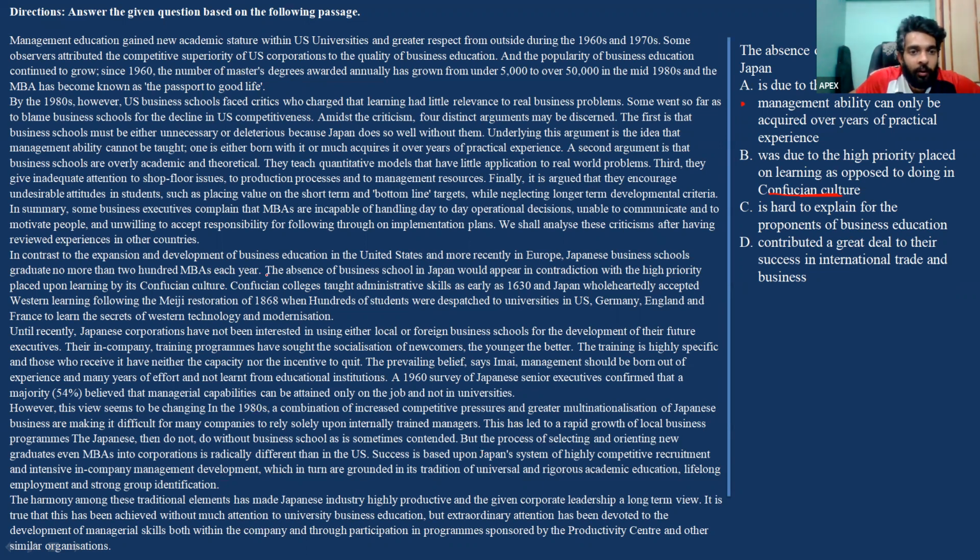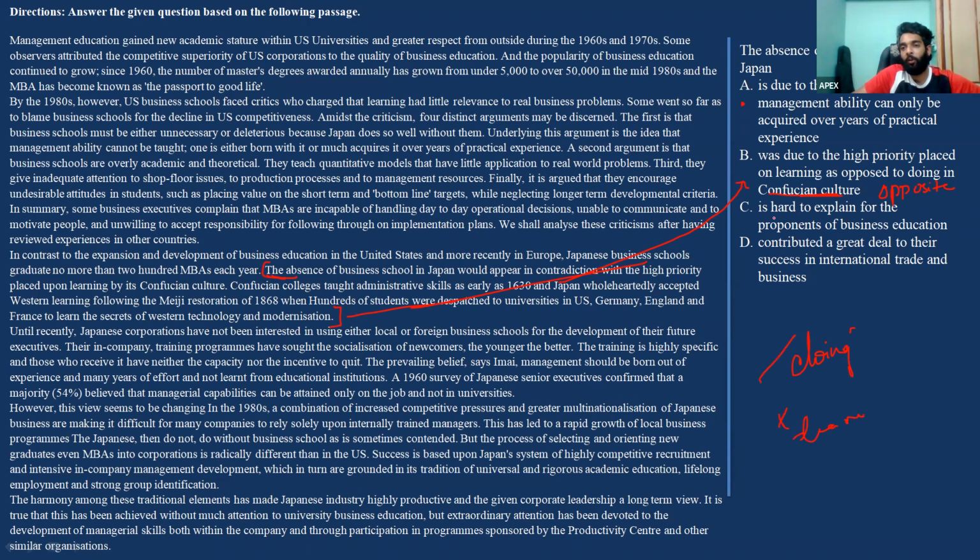Yeah, here. So in this paragraph, from this line to this line, we can find that this is an opposite answer. Confucian culture believes in doing and learning, not learning and doing.